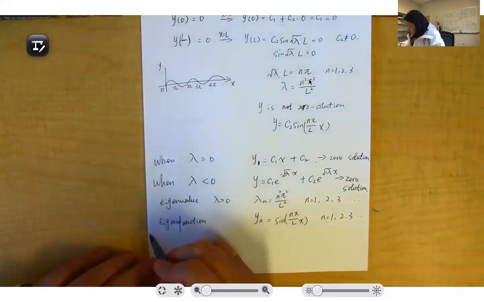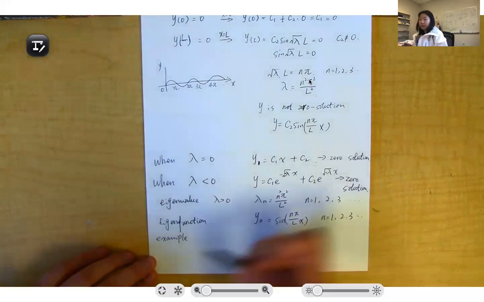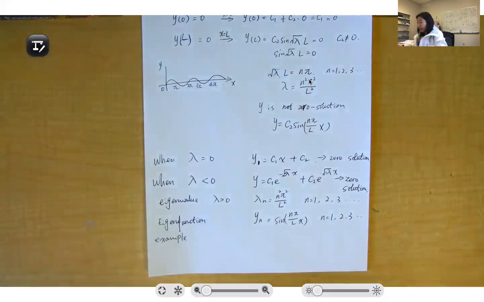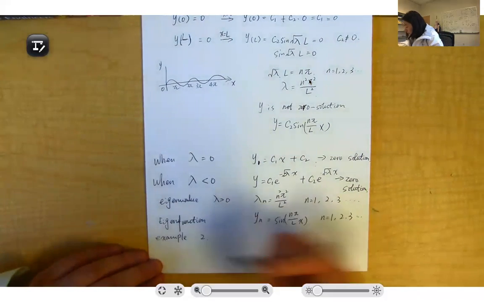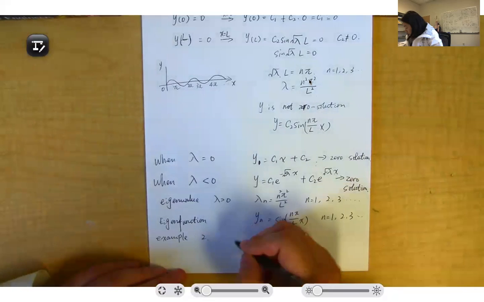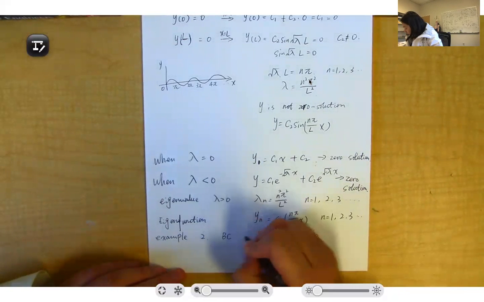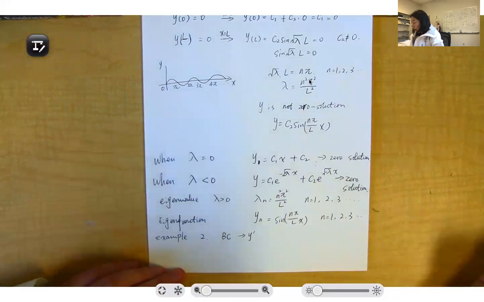And you can try several examples by yourself using different boundary conditions. For example, let's make an example 2. You can try it on your own. I just gave you the solution here, okay? In example 2, instead of giving you the Dirichlet boundary conditions, which is y(0) equals 0, y(L) equals 0, you can have Neumann boundary conditions, which is the boundary condition only as a function of y prime.